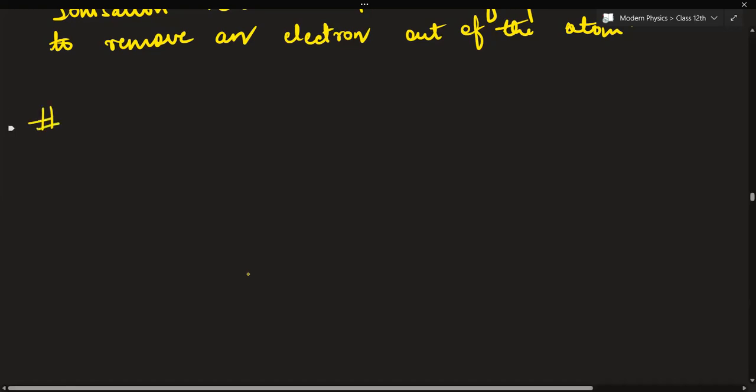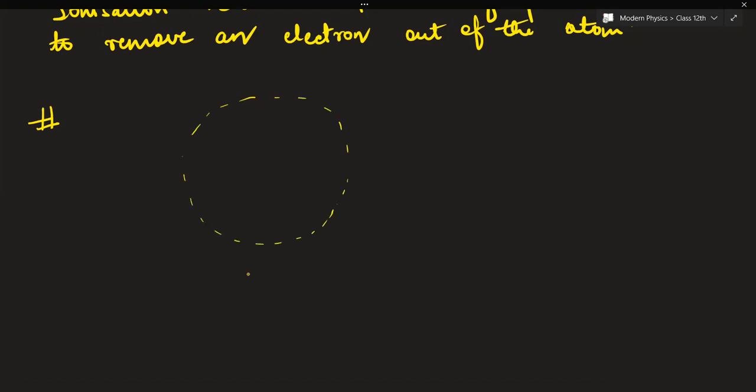Now, there is one topic that is known as the distance of closest approach. Basically, let me tell you. See, this is the nucleus. Here, when the alpha particle is coming, at this particular distance, it is getting deflected.